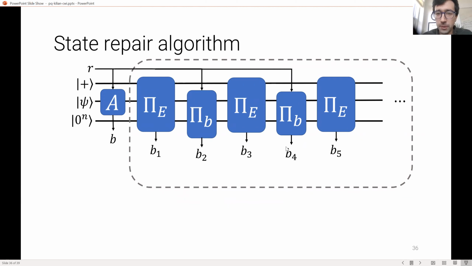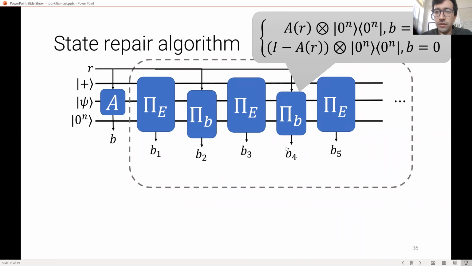And what is this pi sub b? Here b is the outcome of the original trial, the test part of this test and repair procedure. If b is 1, then you apply A of r on the psi register, and then you project the ancillary register back onto 0.